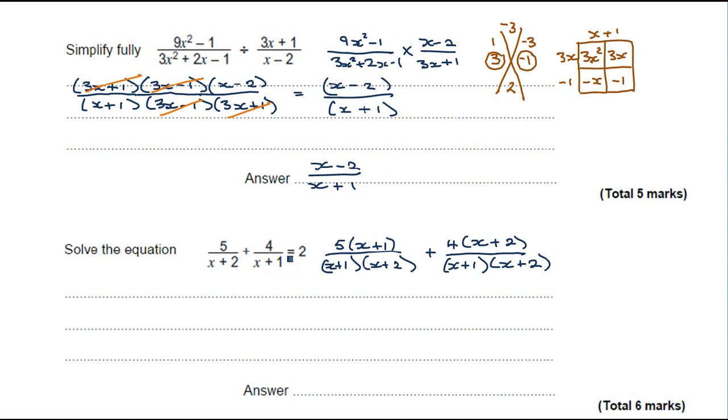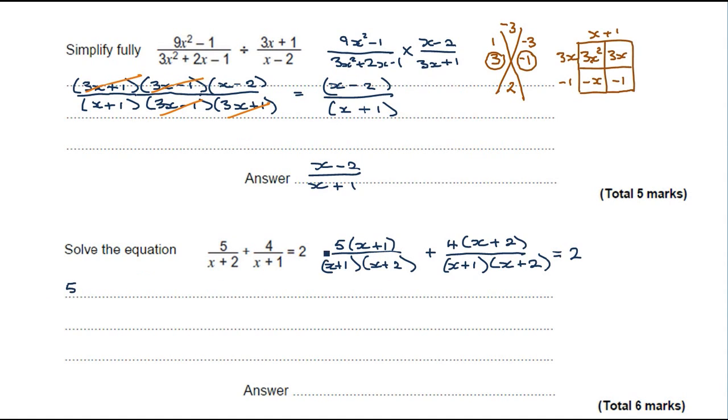So, as above, I could cancel the x plus 1 and the x plus 1 here, leaving me with my term that I had here. And with this one I could cancel the x plus 2 with the x plus 2 in the denominator, leaving me again with this. But why I've done this is so that I can then multiply out the brackets and solve for x. So finally I need to write the answer is equal to 2.